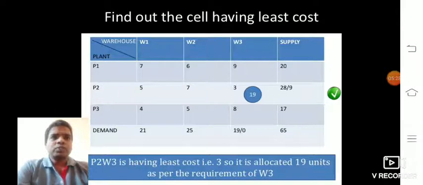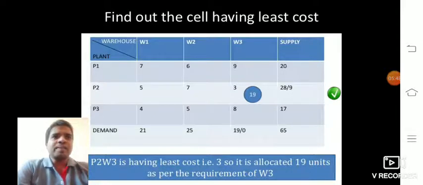Now which one is the minimum, supply or demand? Here the demand is minimum. So we can allocate 19 to that cell so that the demand is fulfilled, and we write 0.